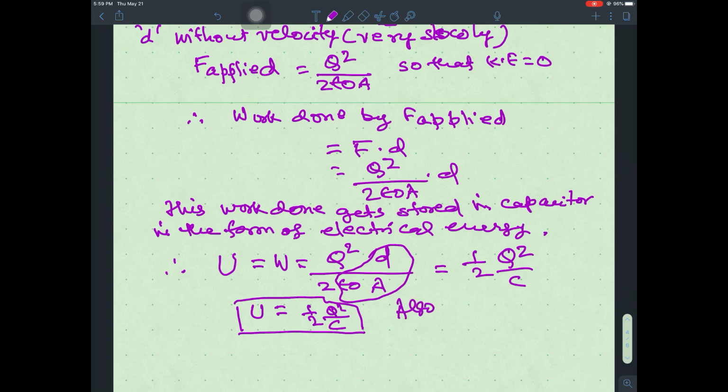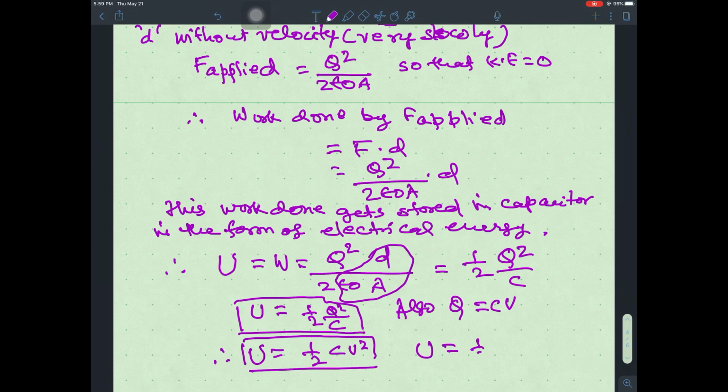Also Q is equal to CV, therefore U is equal to 1 by 2 CV square. This is another form. Also CV is equal to Q, so U is equal to 1 by 2 QV.